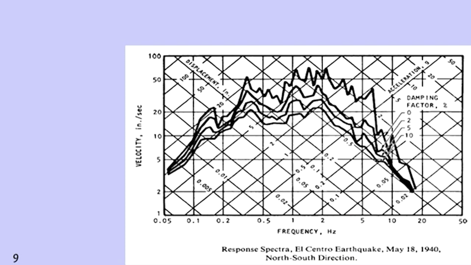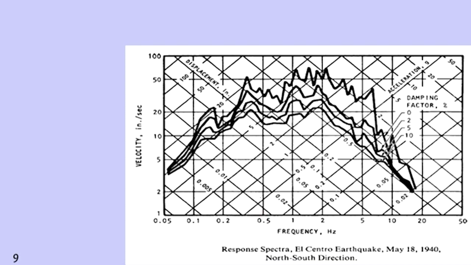In this tripartite plot, on the x-axis we have either natural period or natural frequency, and on the y-axis you can see velocity. That means the velocity response of the structure can be read if we know the natural period or natural frequency. Say we know the natural frequency is 0.5 hertz.